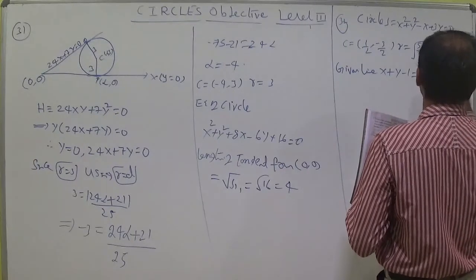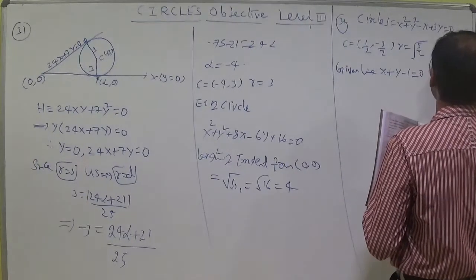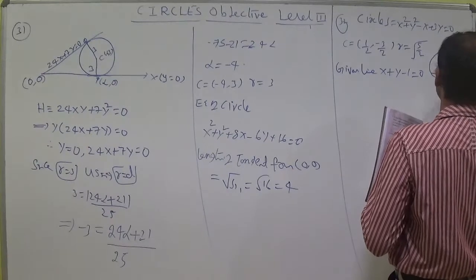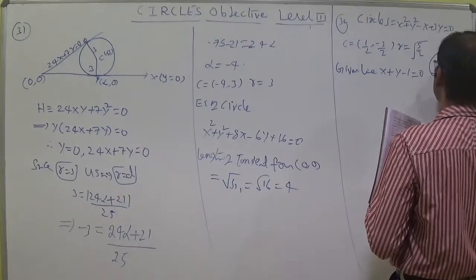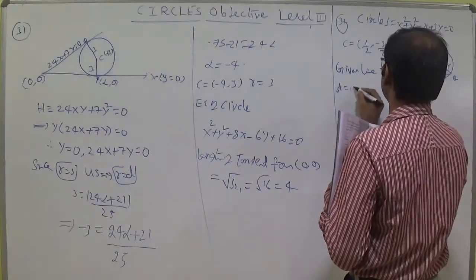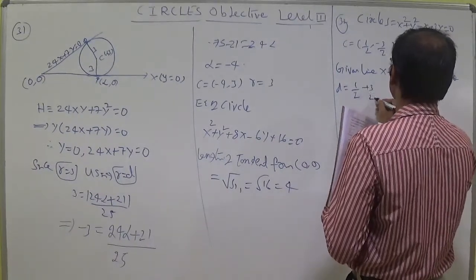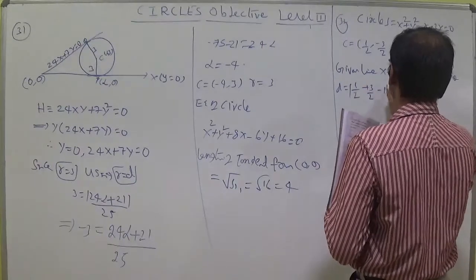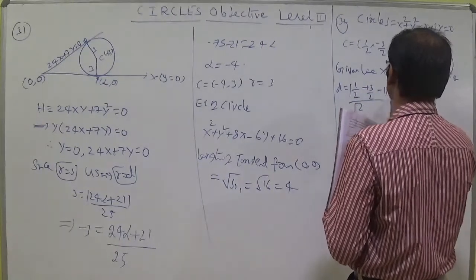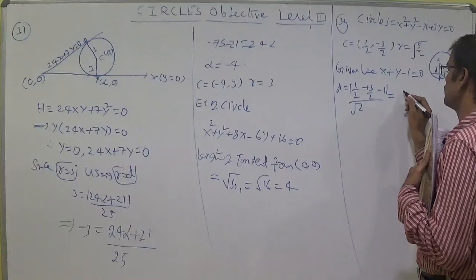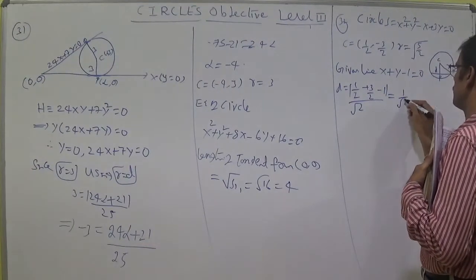Using the length of chord concept, put here C, this is P, this is Q, this is R, this is D. So D is equal to the perpendicular distance: 1 by 2 plus 3 by 2 minus 1 over modulus root 2. 1 plus 3 is 4, 4 by 2 is 2, 2 minus 1 is 1, so 1 by root 2.